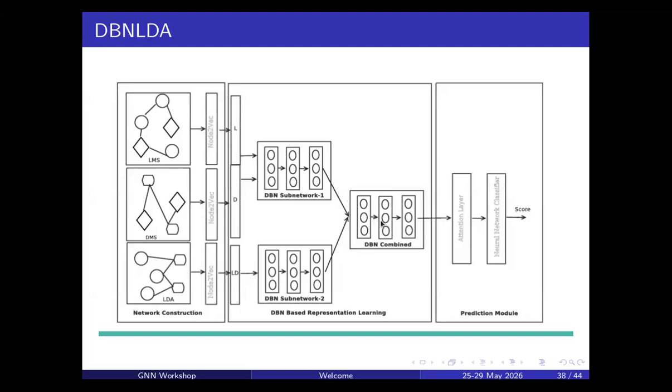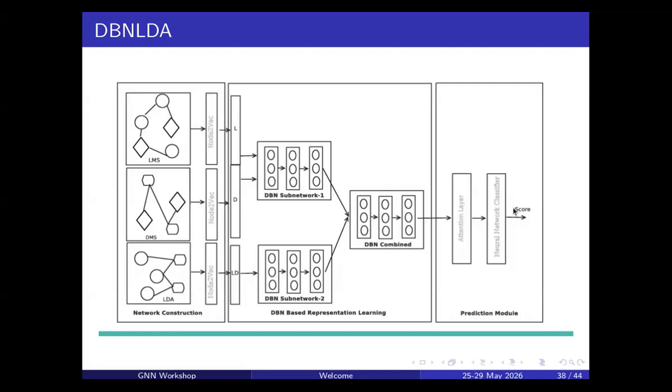So three DBN networks are there, and they are combined to give the final embedding. This passes through an attention layer and a feed-forward classifier that does binary classification: whether this particular LNC RNA and disease are associated or not.